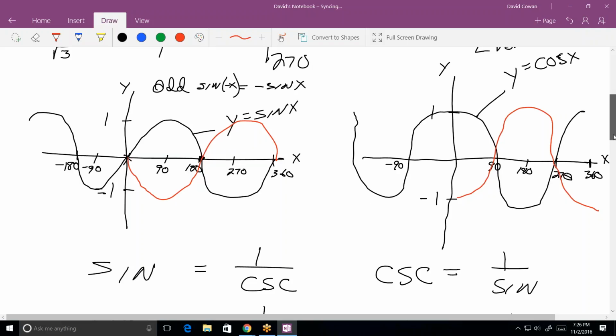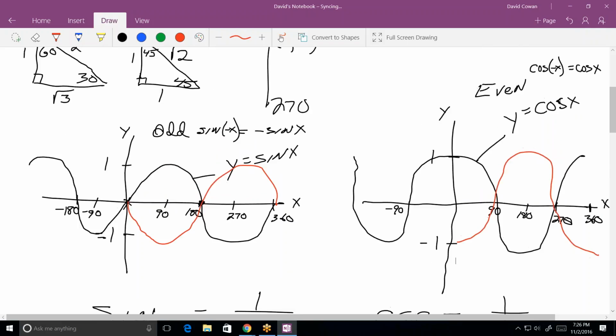Because it's an even function, the cosine of minus x is equal to the cosine of x. But if I actually had the minus sign in front of the trig function, then it would be a reflection over the x-axis.